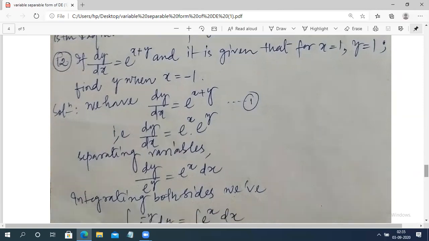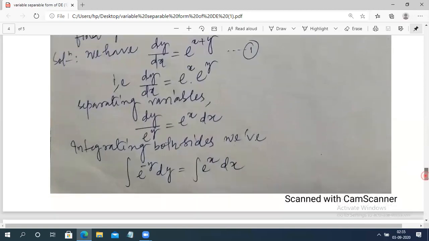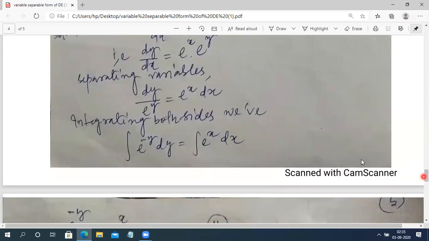So e to the power x plus y can be written as e to the power x into e to the power y. Now bring this e to the power y in the denominator and write e to the power x along with dx in the right hand side. Now integrate both expressions.